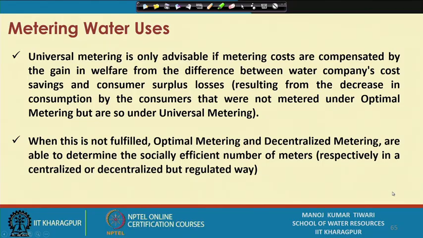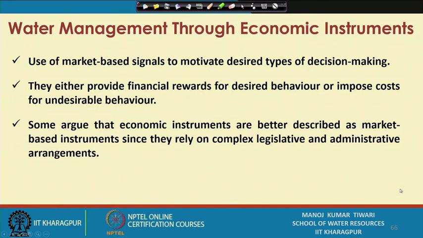This optimum number can be computed based on the social efficiency, which gives you the optimal metering, or the utilities' efficiency, which generally gives the decentralized metering policy. So, those kinds of metering can be adopted. Universal metering may not be encouraged at every time though.